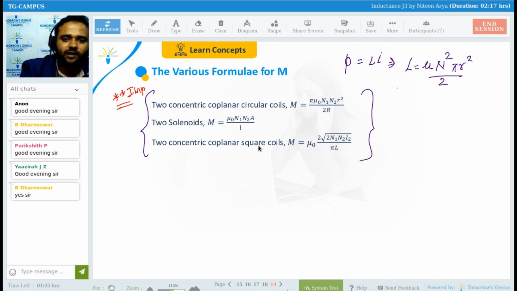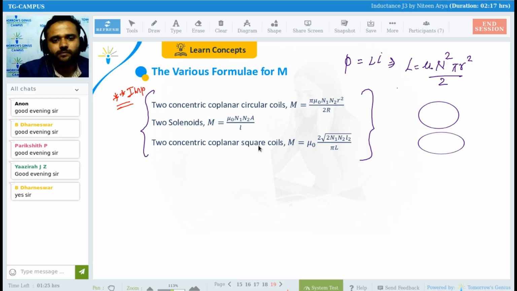Now, this is just because of a single coil. If we have two coils, I can make another coil also, and the radius is r, and the distance between them is 2R. If one has n1 turns and the other n2 turns, the mutual inductance M is mu naught n1 n2 r square, because of the area, divided by 2l, because it behaves as a solenoid.